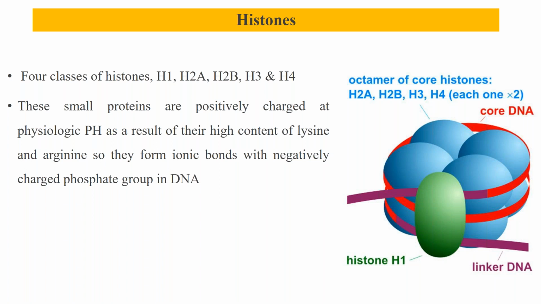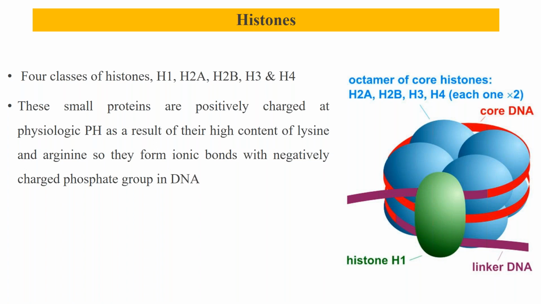These small proteins are positively charged at physiological pH as a result of their high content of lysine and arginine. So why are histones basic? Because they are rich in lysine and arginine, and that is why they are positively charged, and they form ionic bonds with the negatively charged phosphate group in the DNA.